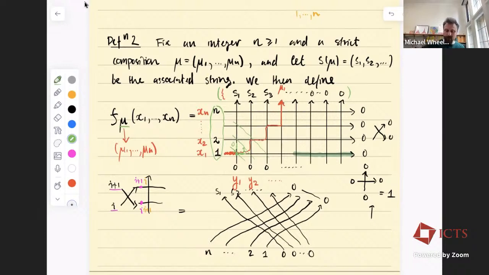The left side is always 1 through n in that order, right? So that's correct. There's a kind of double sum. We are summing over all the configurations as well as the boundary conditions on the top, right?